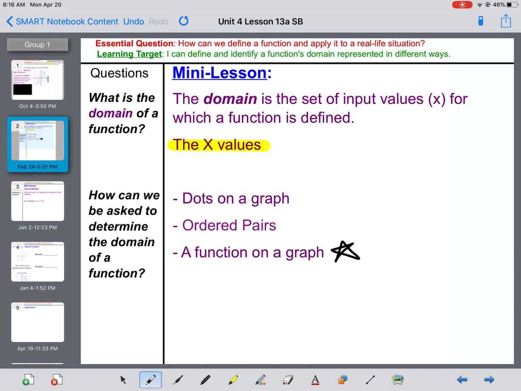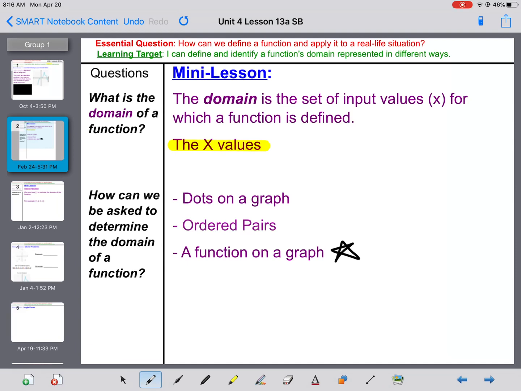Okay, and the reason why I put these three in this specific order is because the first ones, dots on a graph and ordered pairs, are pretty simple to identify. But a function on a graph is going to be a little bit of an extension, and let's see if we can do well with this. Okay, so let's make sure we're copying this down in our mini lesson section.